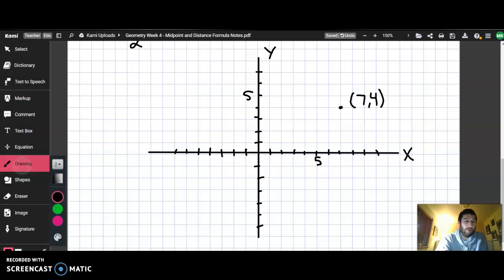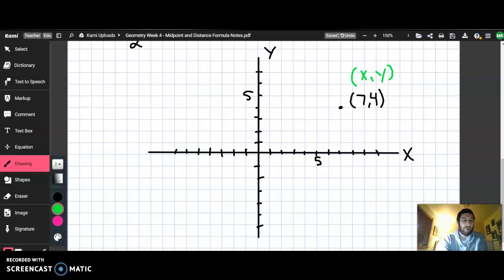And remember, guys, that's our (x, y). We name every point (x, y). So when you go into the quiz and your practice, remember to include the parentheses and the comma, with the x part first and the y part second. And so that's our point (7, 4).